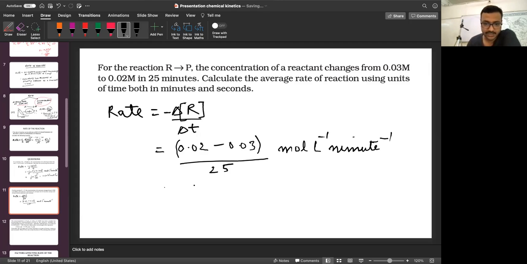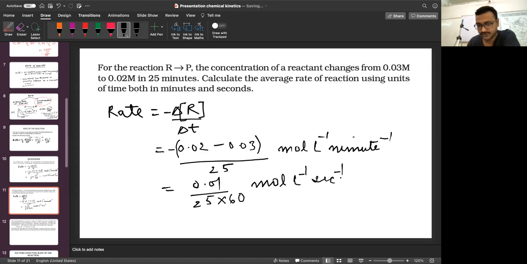And it will be 0.01 upon 25. If I'm going to multiply it with 60, the unit will change: mole liter inverse second inverse. Okay, that's what they have said.